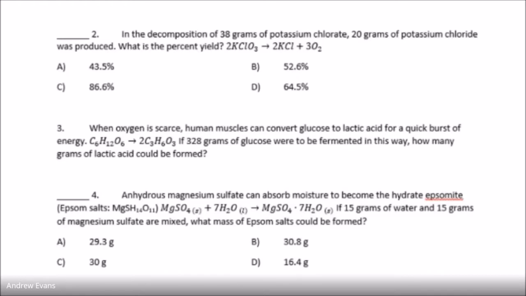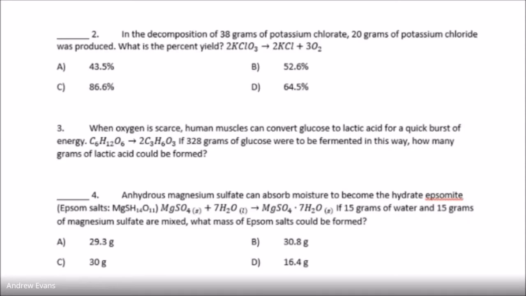I give you the molecular formula in case that is confusing: MgSH14O11. But if 15 grams of water and 15 grams of magnesium sulfate are mixed together, how much Epsom salts, pure Epsom salts, could be formed?